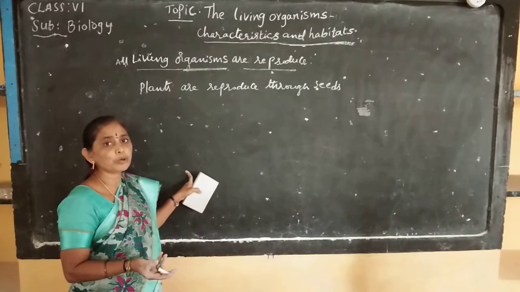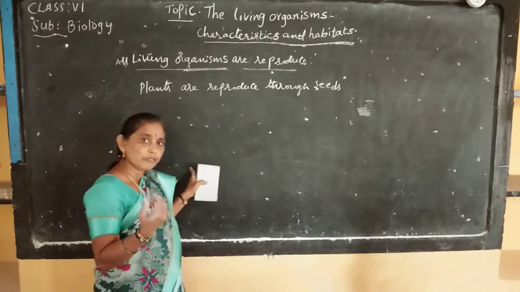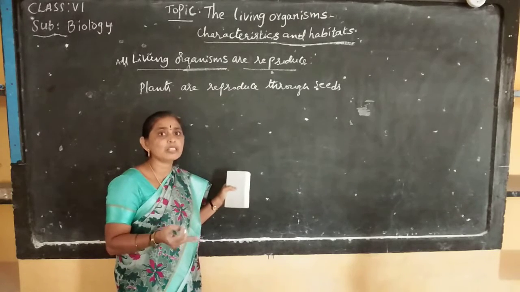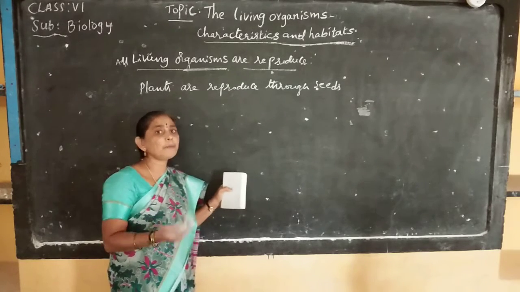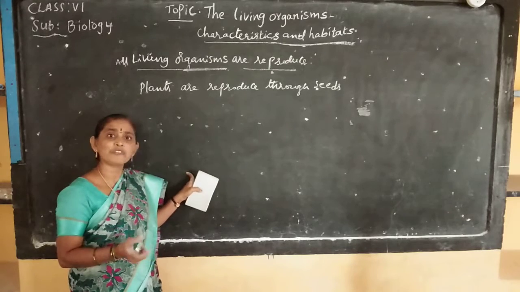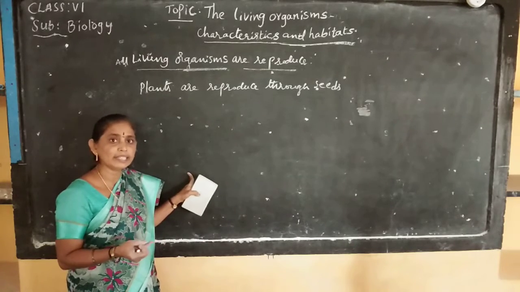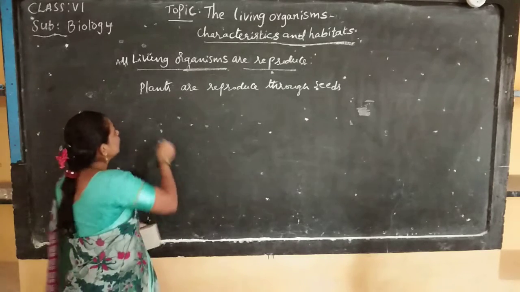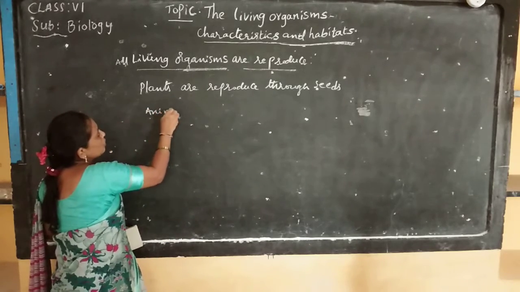Some plants reproduce from their vegetative parts like roots, stems, and leaves, and some plants reproduce by different methods. They are cutting, layering, and grafting also. Then animals also reproduce.